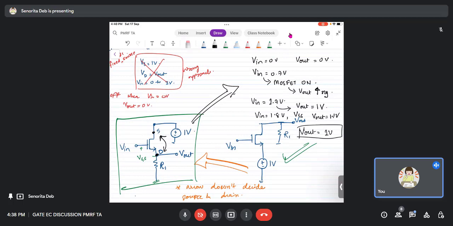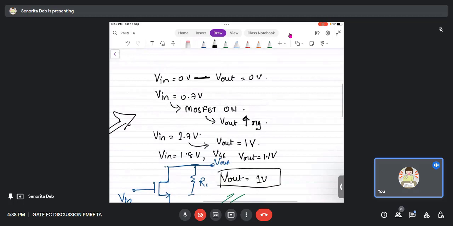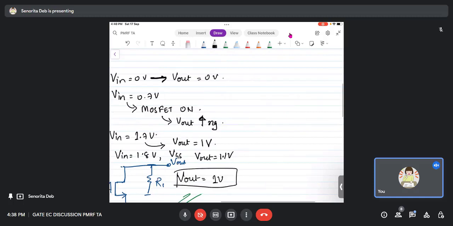I think it was not coming because of internet. So V in is 0 volt, V out is 0 volt because no current is flowing. At V in 0.7 volt, the MOSFET turns on and V out starts slowly increasing. So let me draw. If this is V in and this is V out, V in is 0.7, so V out slowly starts increasing after 0.7 because current has started flowing.